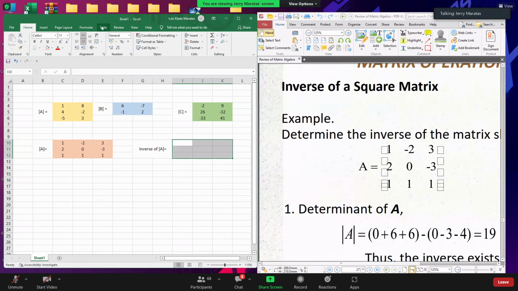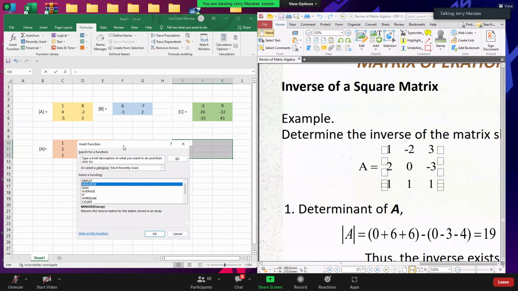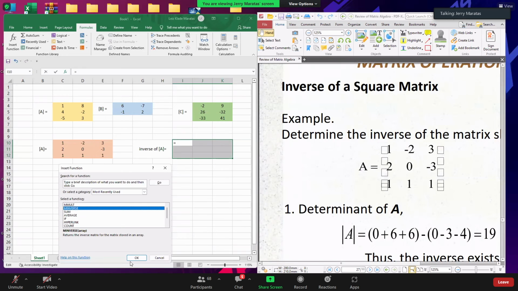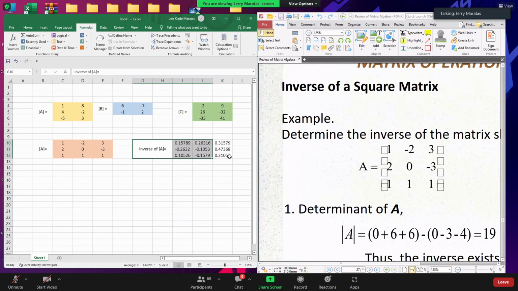So, ari ka sa formulas, insert function, ano yan, M inverse. Ang ganiha, ang matrix multiplication is M multi. Karon M inverse. Okay. So, ang atong kani siya nga array, no? Kana, nya, control, shift, enter. Take note ha, control, shift, enter. This is now the inverse of your matrix A, kani, na?